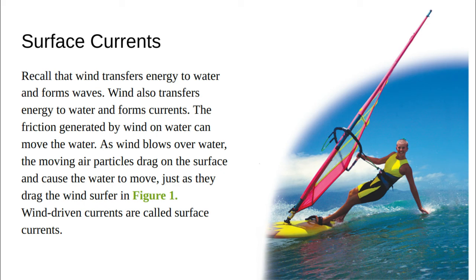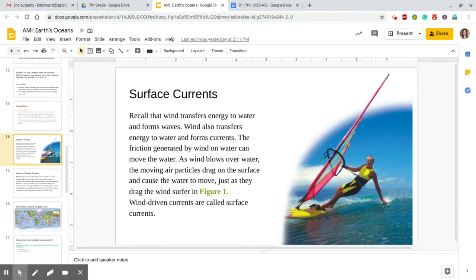And you can start seeing why California's coast or the West Coast is going to have a different climate than the East Coast, like Florida, the Carolinas, New York, and all those East Coast states, why there's such a different climate for both of those areas. And we're going to be able to see that because we've learned about surface waves and are getting into those surface currents. So I will talk with you tomorrow.